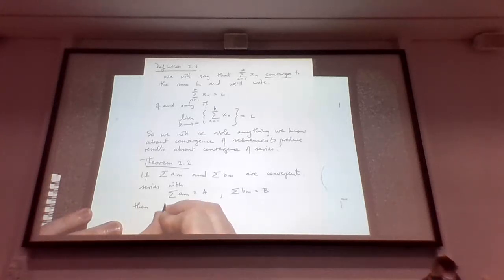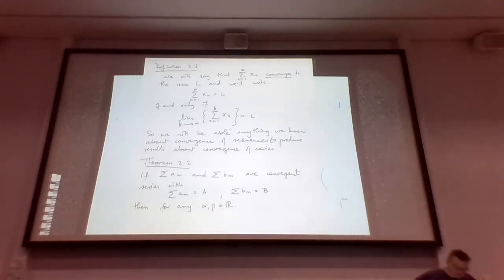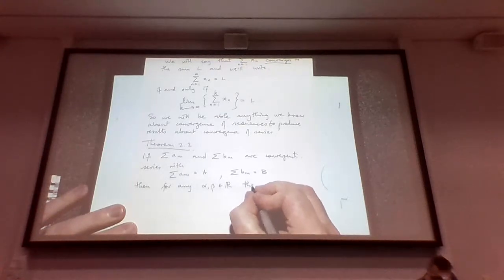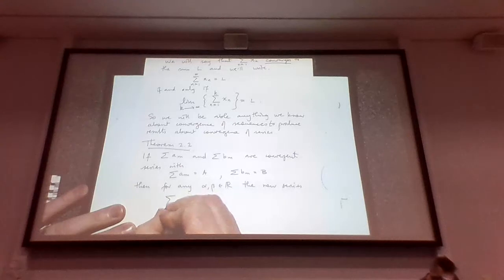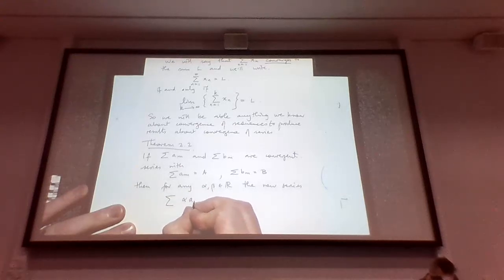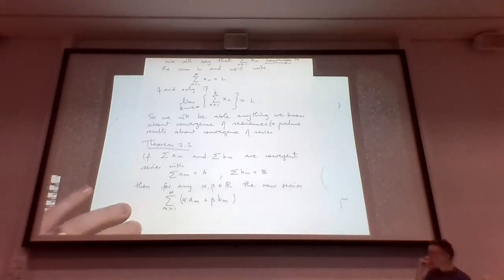Then, for any pair of scalars, or a pair of real numbers, alpha and beta, the new series, so we're taking alpha times a_m plus beta times b_m, going from m equals 1 to infinity.